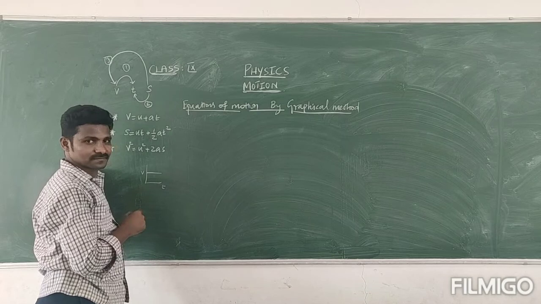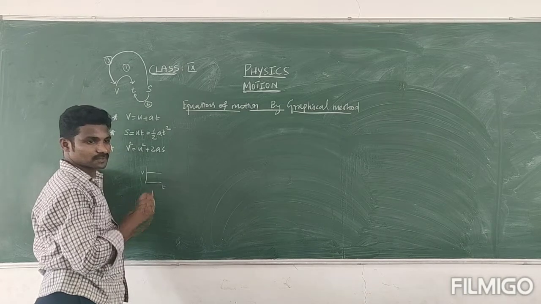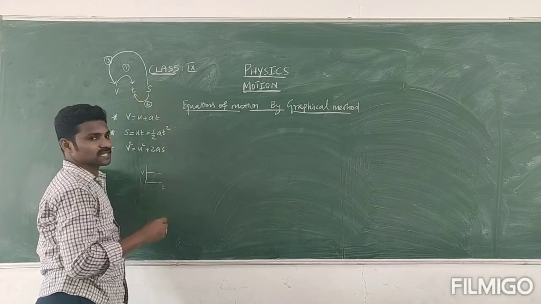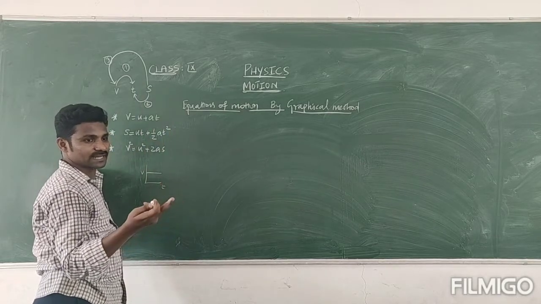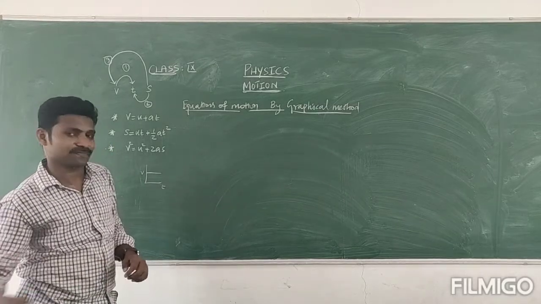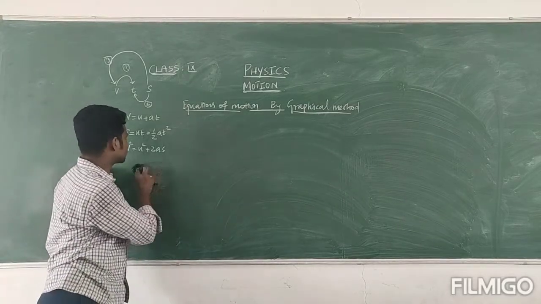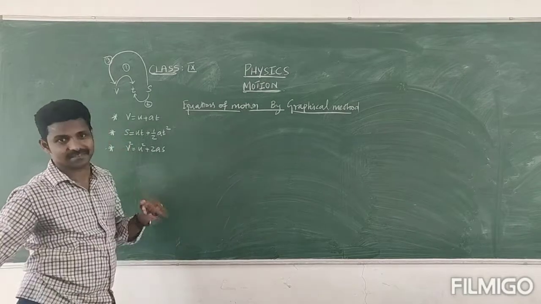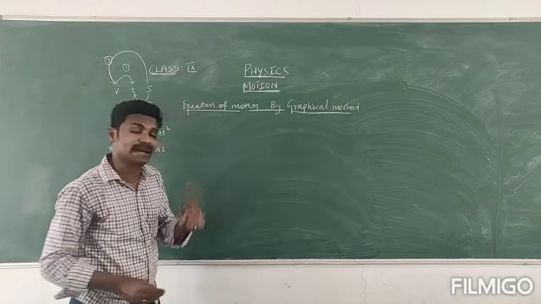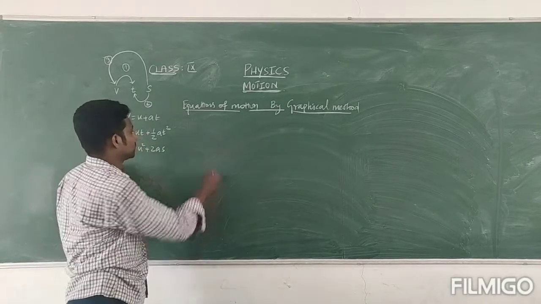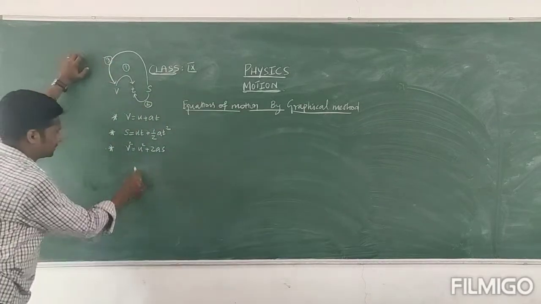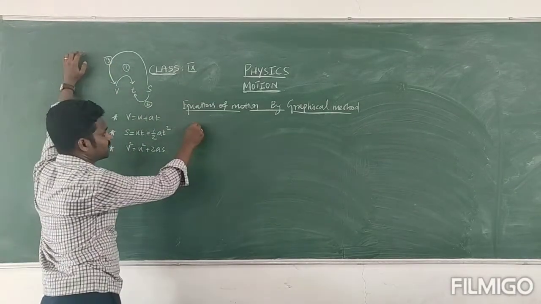It should mention all the things: U, V, A, T and S. The uniform acceleration graph is convenient for it. So now I can take the uniform acceleration graph.